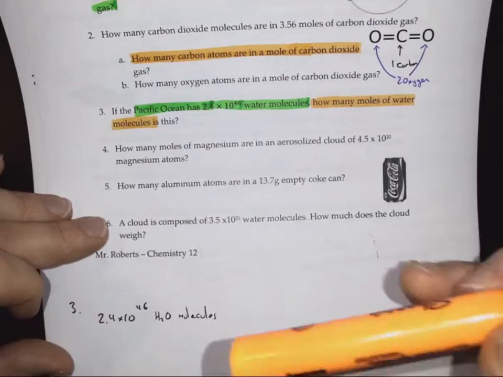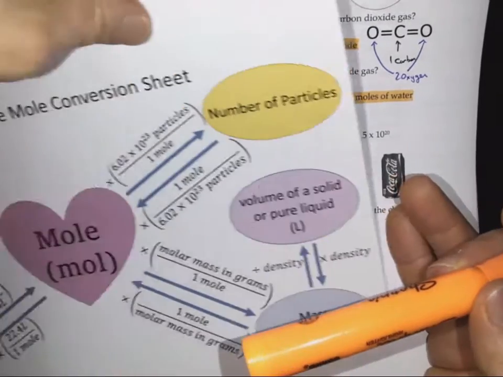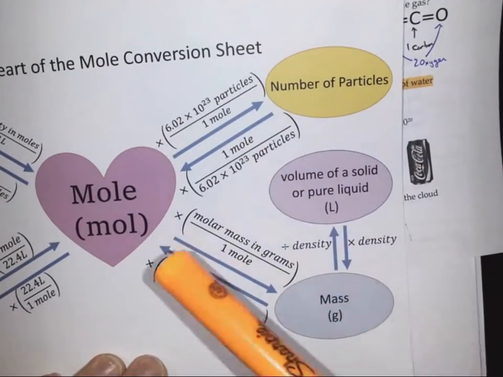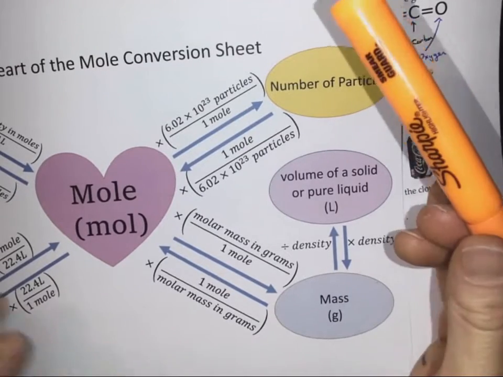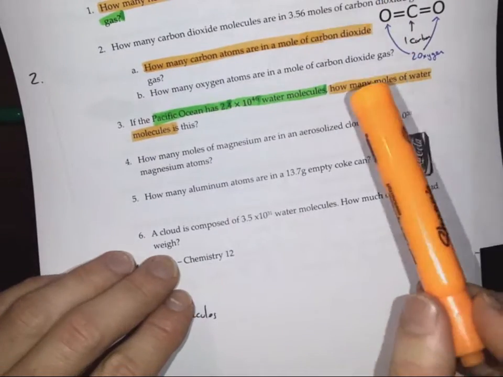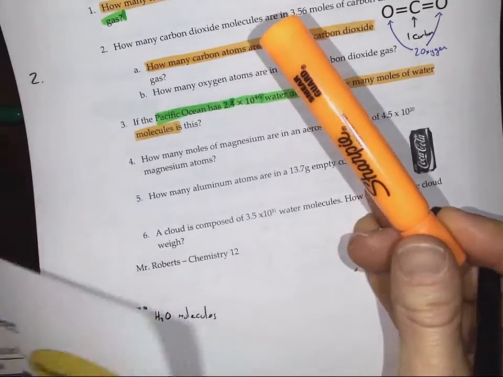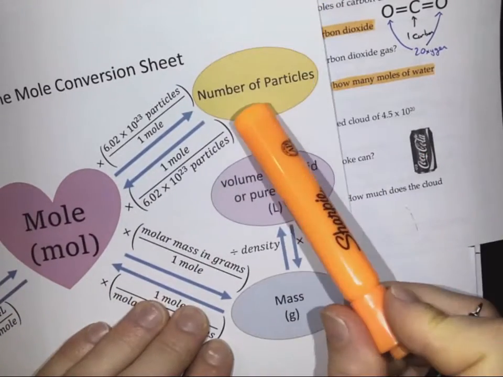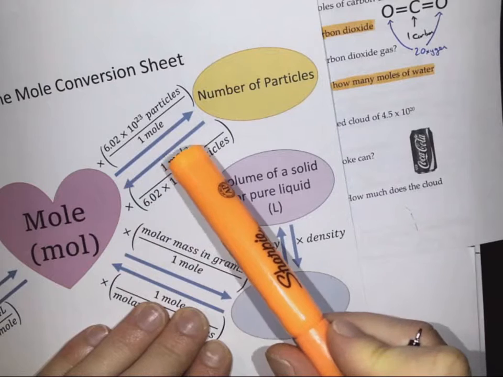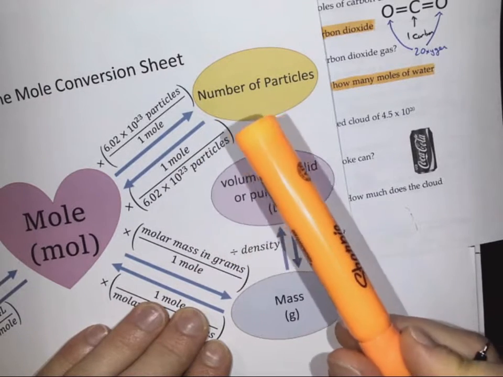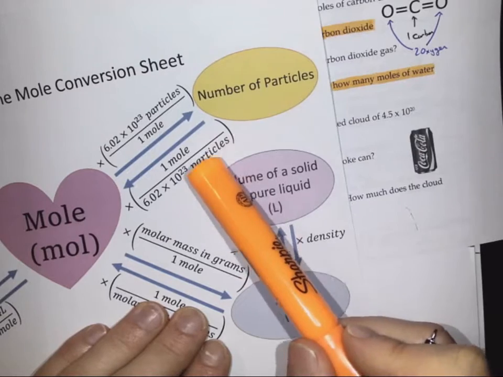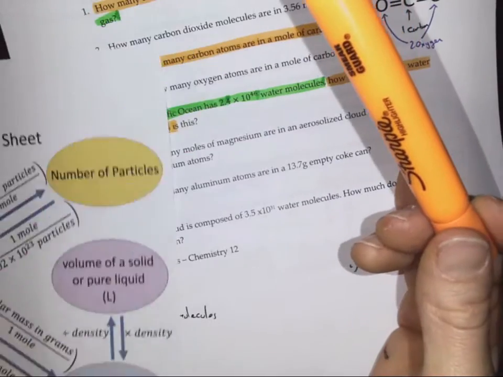If I look on the sheet, that is some number of things, in this case water molecules, and I want to go to the number of moles. So I'm going to use the conversion factor along this arrow, which cancels out our units of particles and replaces it with units of moles.